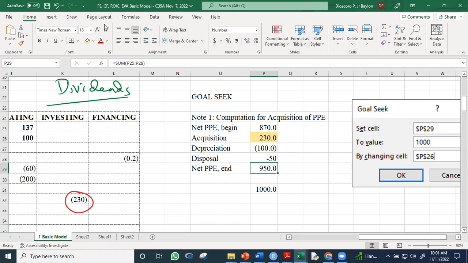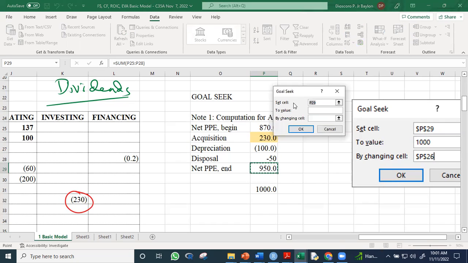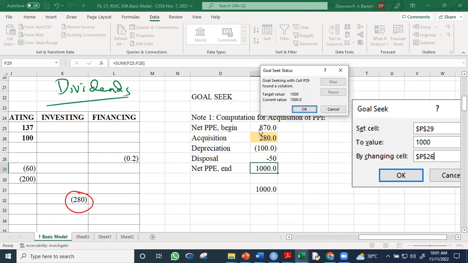Data, what-if analysis, goal seek, set cell, this one, to what value, to 1000, by changing this cell. If there was a disposal of 50, you would have subtracted that, and then the acquisition would be different.